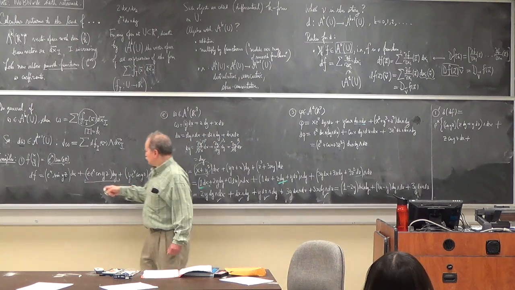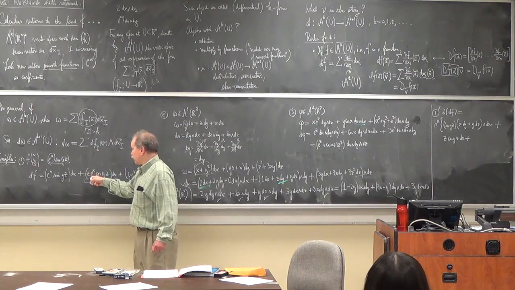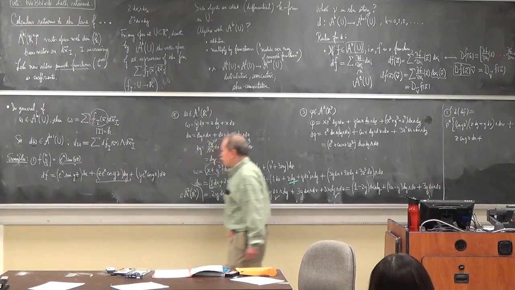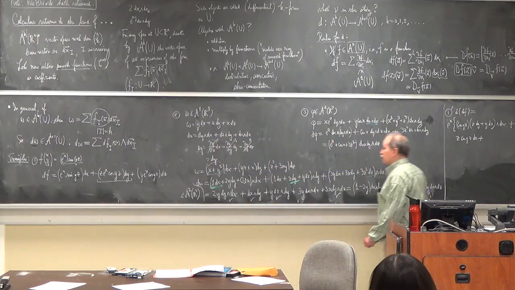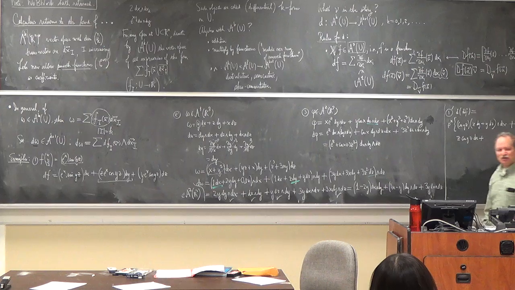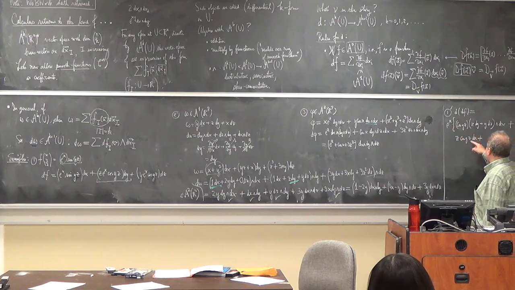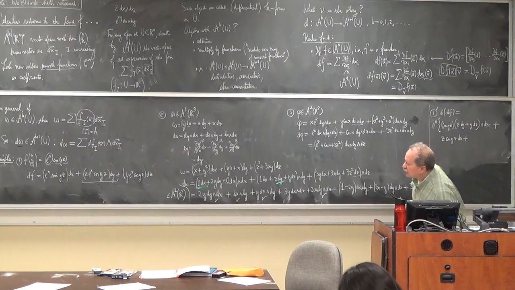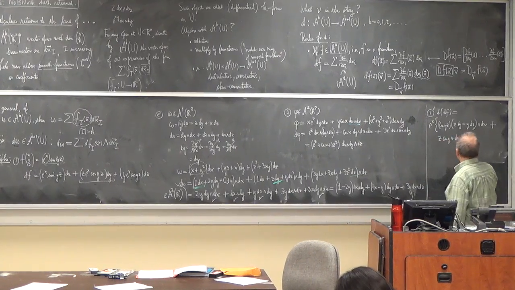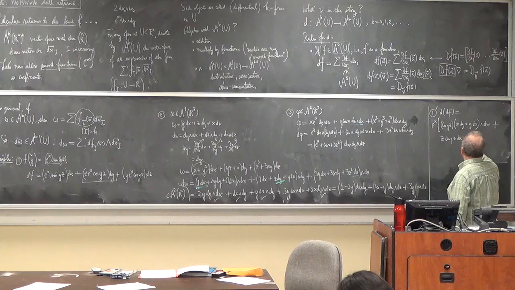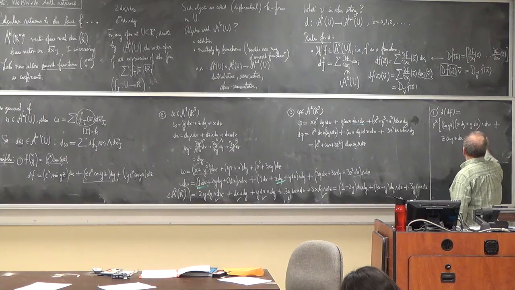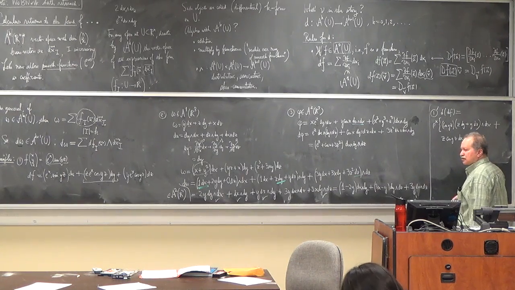I'm doing the partial with respect to x, I just get the coefficient of e to the x. Now I'm doing the partial with respect to z. Oh gosh, it's going to be two terms, isn't it? We get an e to the x cosine yz plus e to the x.